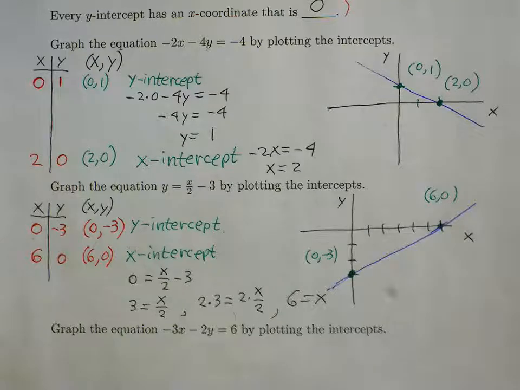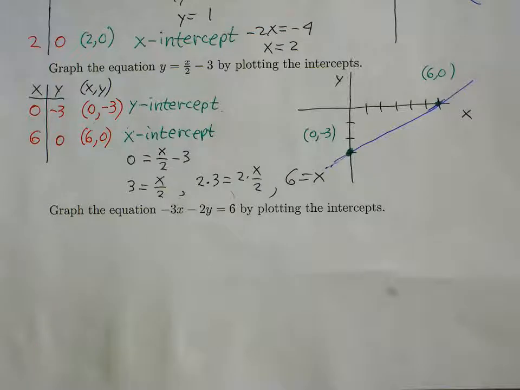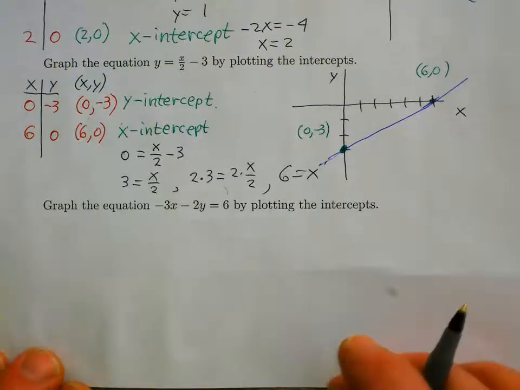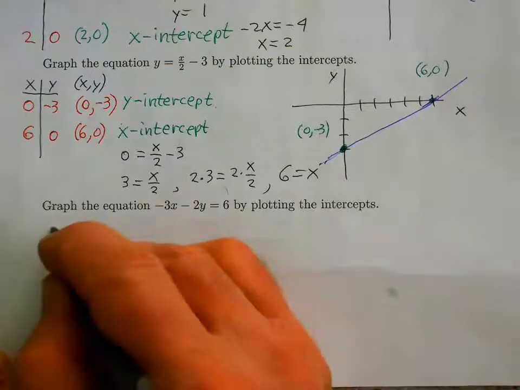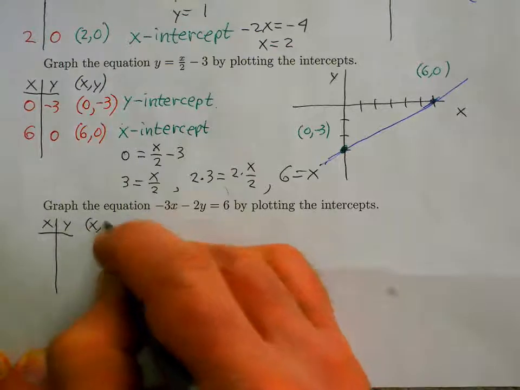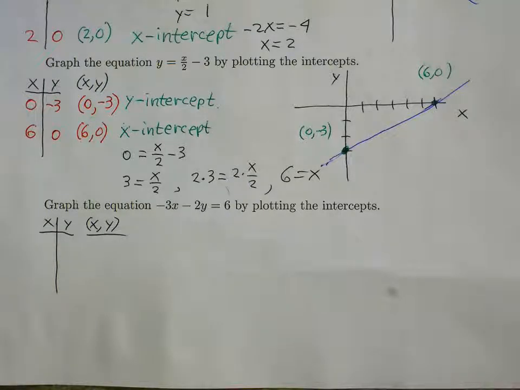The next one is just more of the same. Graph the equation -3x minus 2y equals 6 by plotting the x and y intercepts. This one won't take long.